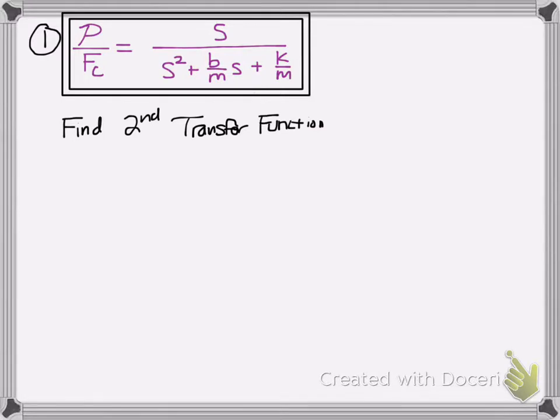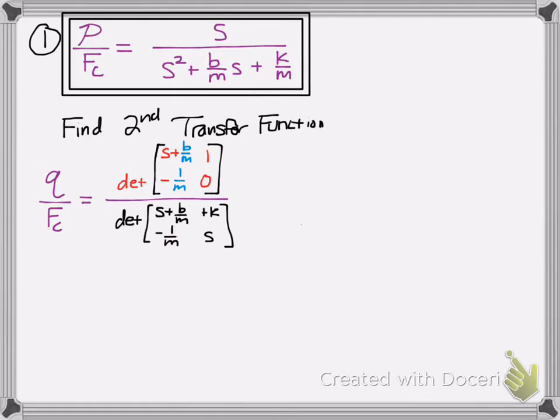So the second transfer function, recall, is Q over FC, which is simply the state variable over the input. Using Cramer's rule, we can write the determinant of our matrix by replacing the Y column with the coefficients of the input, while leaving the X column from the original matrix the same. By original, I mean the SI minus A matrix.